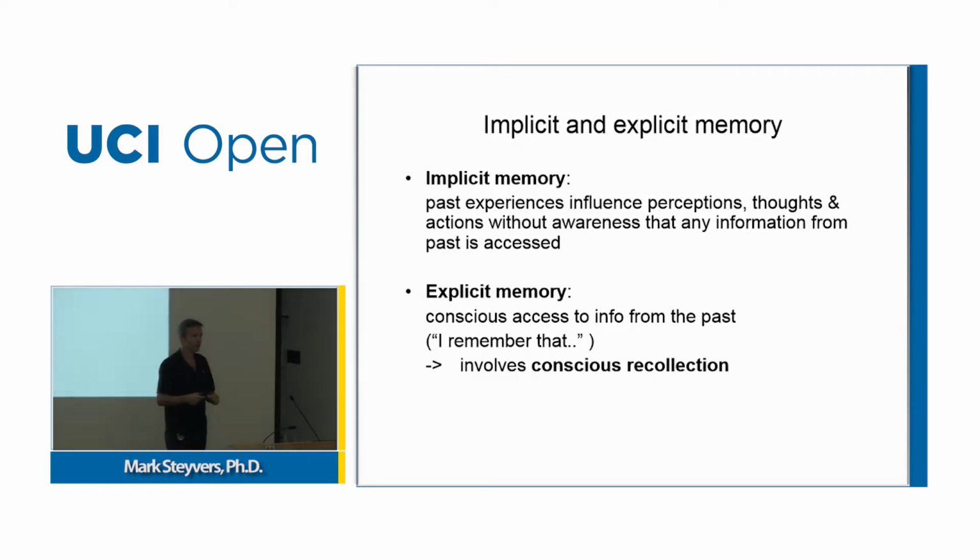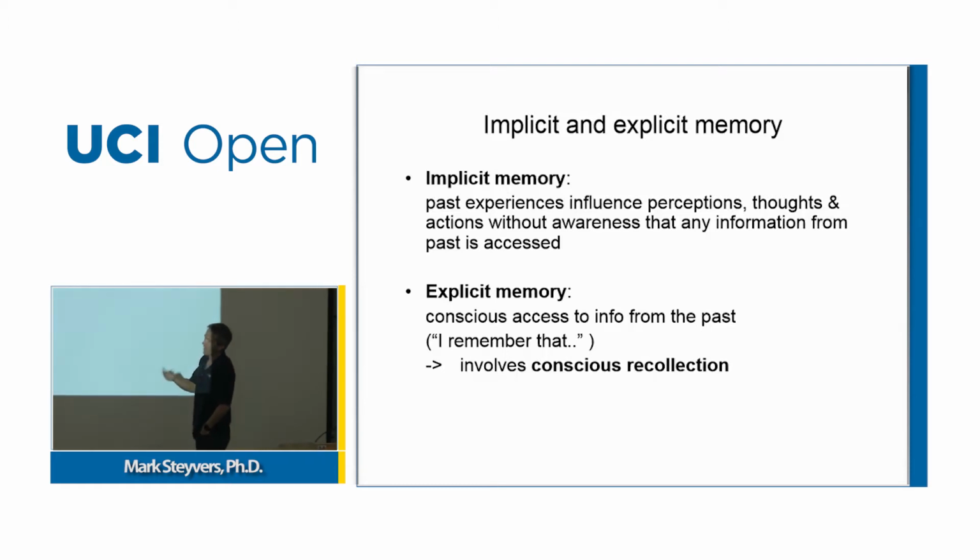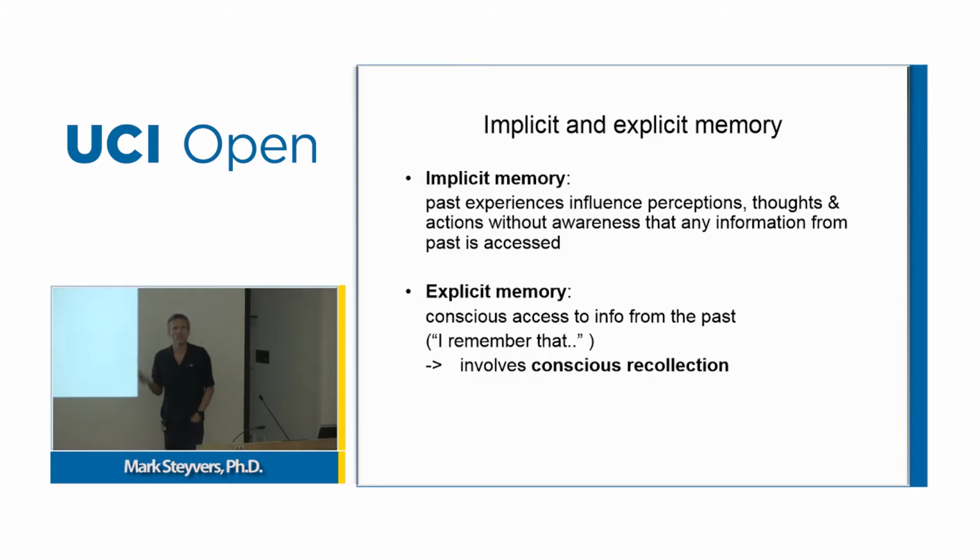They affect you. You don't know that you have them, but they do influence you. Explicit memory, or declarative memory, is where you can say, I remember that, I did this. And those involve, almost by definition, some conscious access to information from the past.